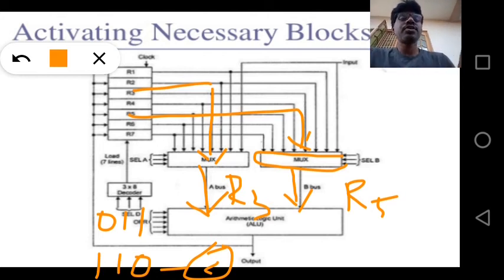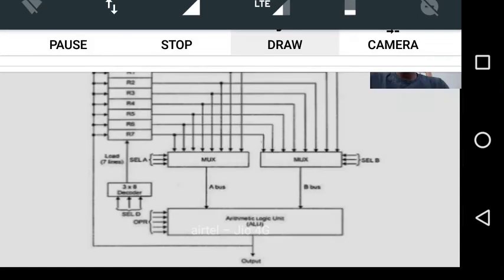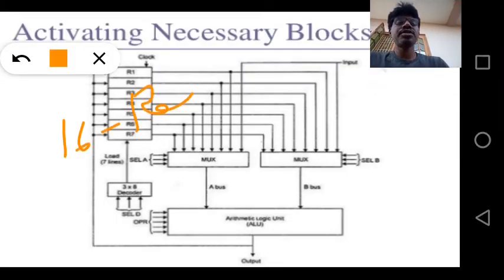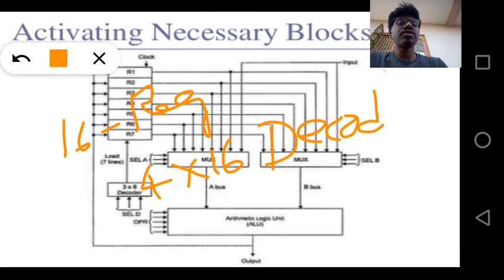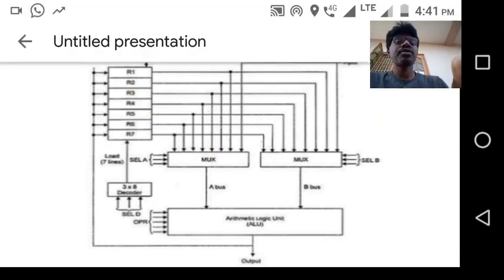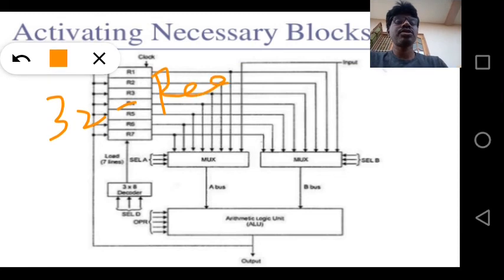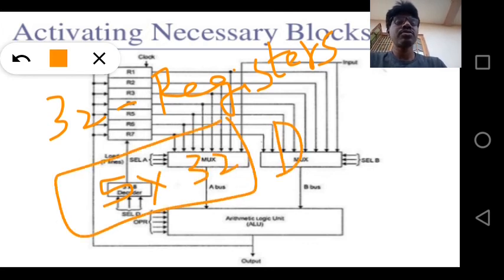In general, if I have 16 registers, then I need a 4 into 16 decoder. Similarly, if I have 32 registers, I need a 5 by 32 decoder.